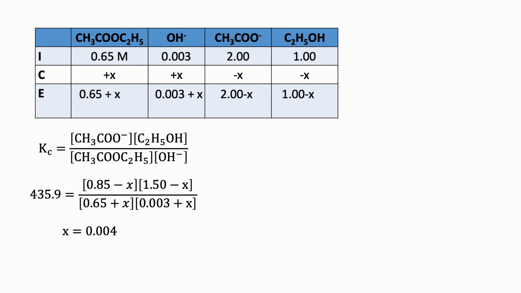So let's plug that into our ICE table, and what we see is that the concentrations do shift towards reactants, but how much do they shift? Not very much. And that's the important part that you need to understand when you say shift towards reactants. What does that mean? It means some of the extra that you added will shift towards reactants.